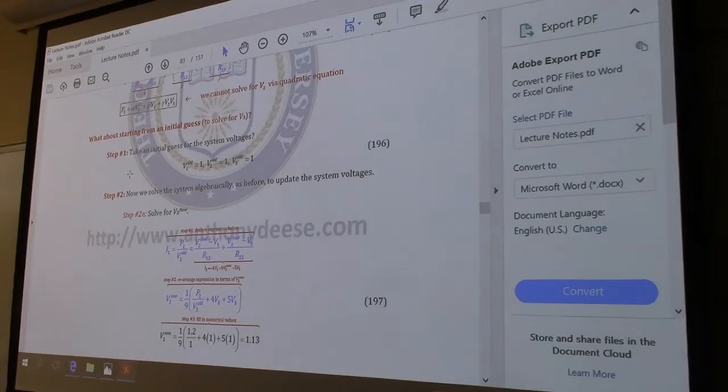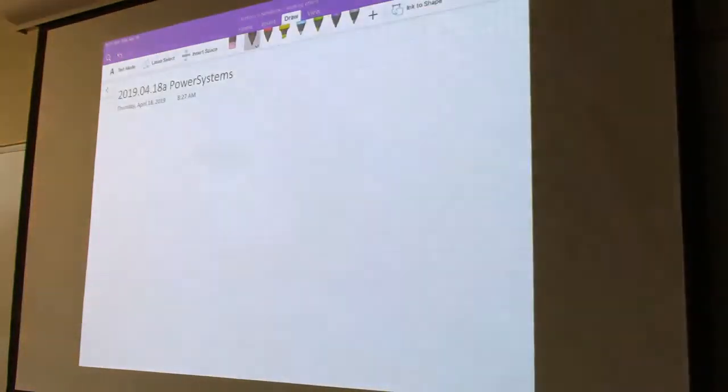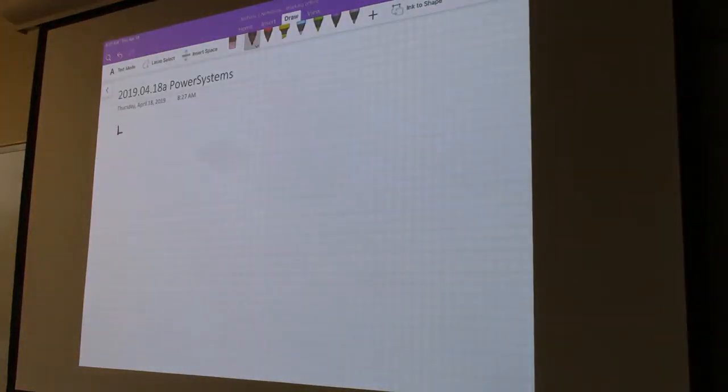Okay, so let's get into the nuts and bolts of how this is going to work, step by step. So what we're doing is we're going to be looking at the first power flow example, and this is for the DC system.